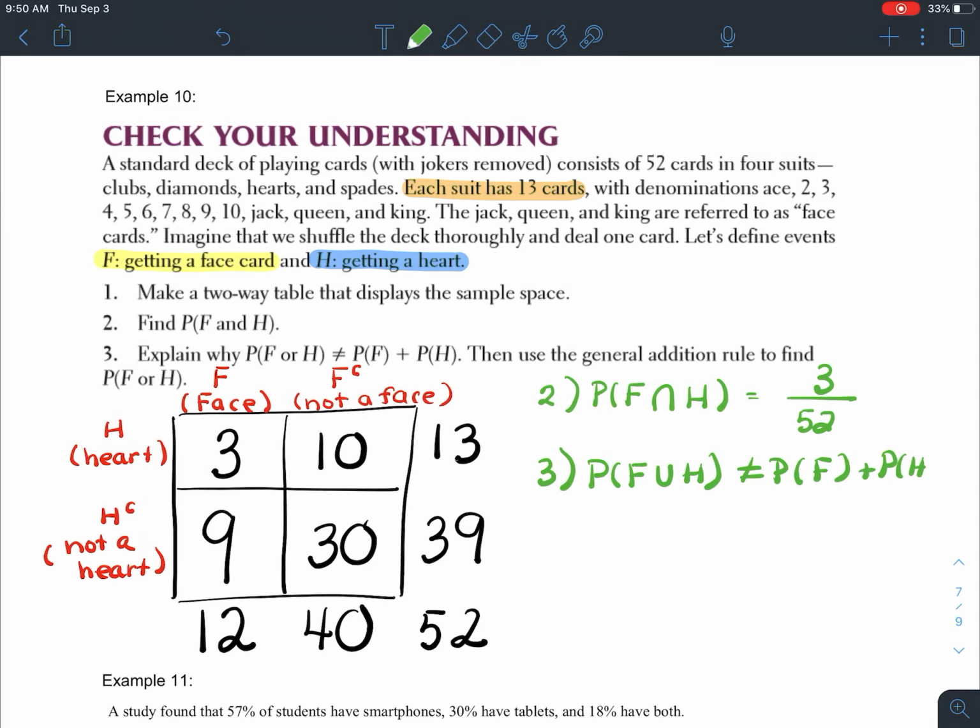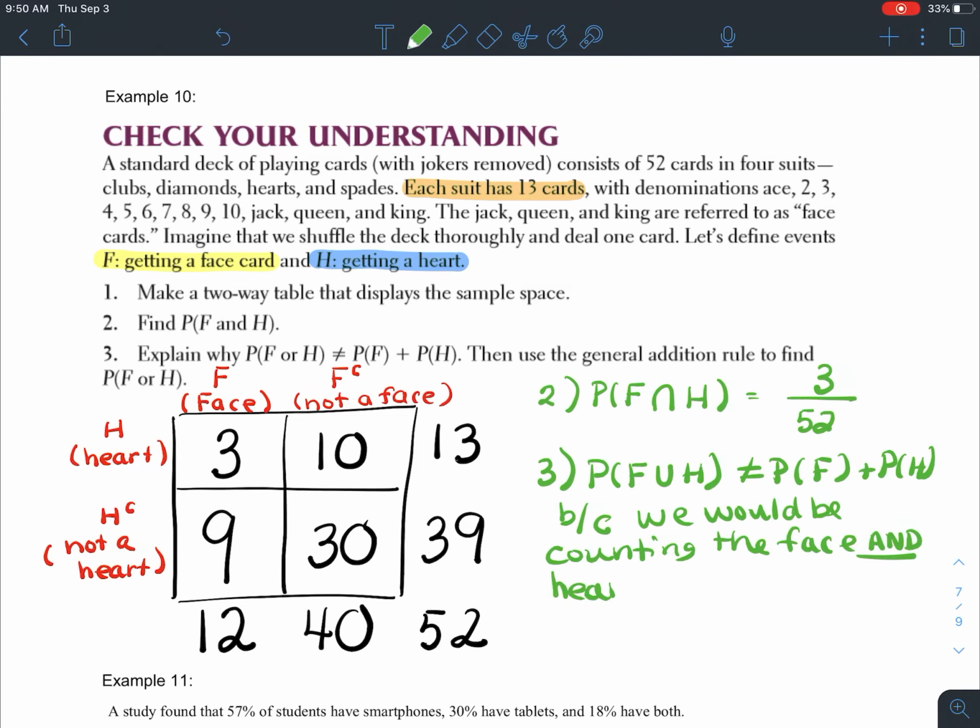So we're going to say the probability of a face or a heart does not equal just the sum of those 2 separate probabilities, because we would be counting the face and heart cards twice.